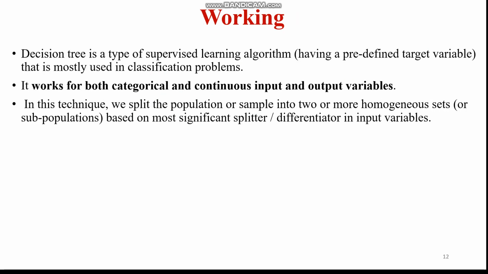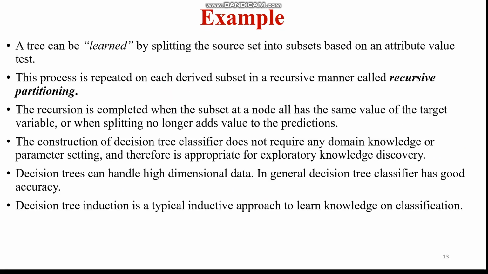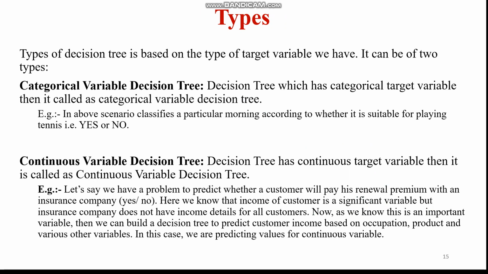So it works on both categorical and continuous variables, which gives us the idea of splitting the data into continuous and categorical variables. Based on that, we get two types of trees: the categorical variable decision tree and the continuous variable decision tree.